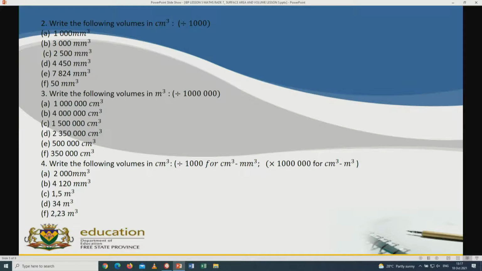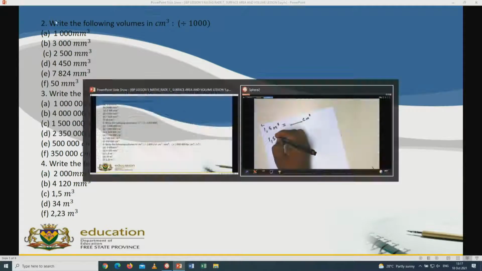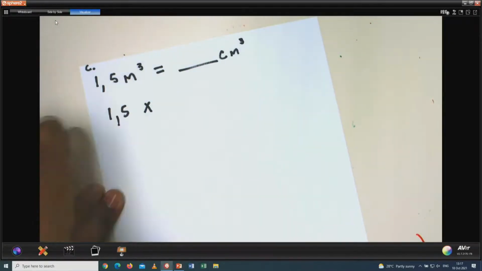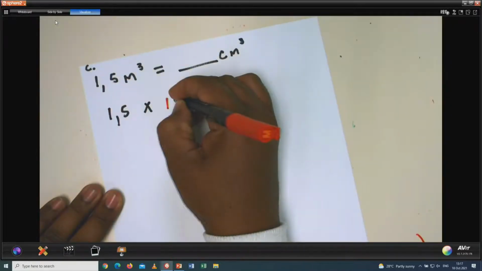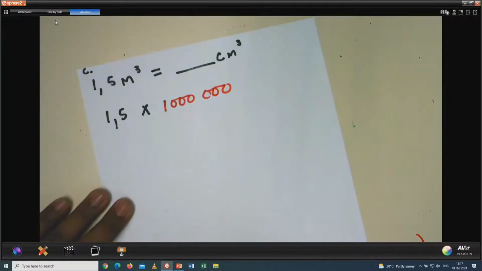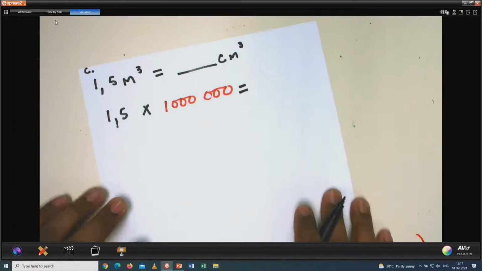And therefore now, if I multiply 1,5, let me show you the calculation. 1,5 multiplied by 1 million. 1, 2, 3, it's 6 zeros, and therefore this will be what?